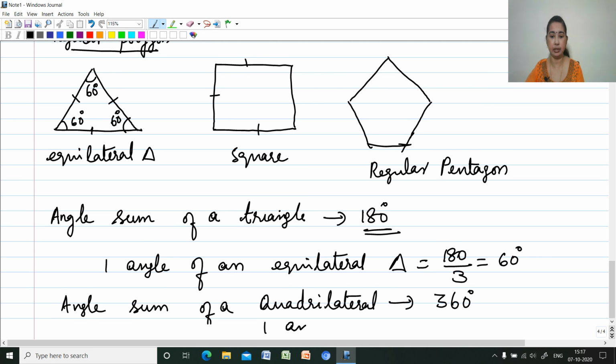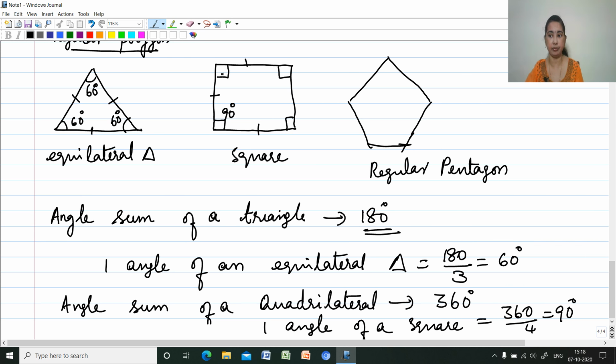So one angle of a square is equal to 360 divided by 4, which is equal to 90 degrees. So like that all the angles will be 90 degrees itself. So that is about the angle measurement for the equilateral triangle, square or polygons.